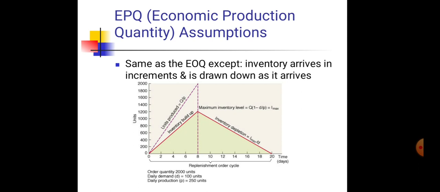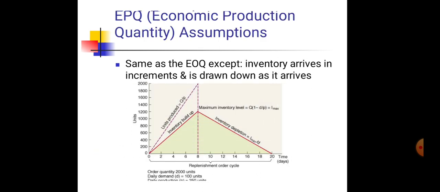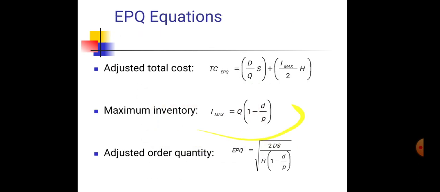Production is on the higher side, so you can keep the finished products. So this is I max.